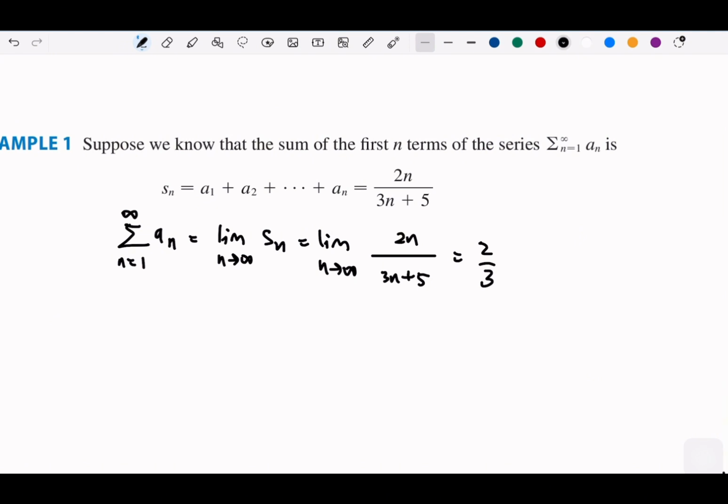This is if this is an Sn, then we can take the limit directly, because we are using the new sequence Sn and we take the limit, just like a normal sequence. But later, usually we are only provided the sequence, which is different from the Sn. Okay?